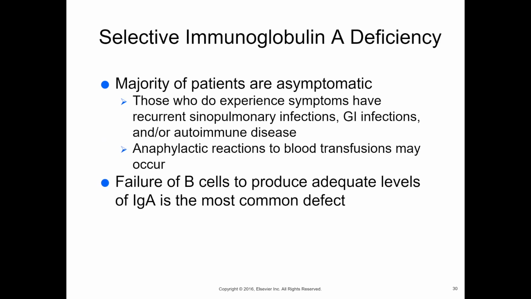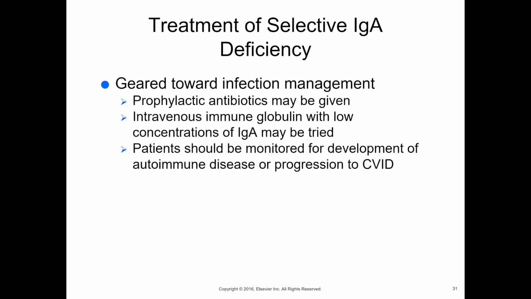Next is selective immunoglobulin A deficiency. The most common way that this presents is recurrent otitis media, which is an ear infection of the middle ear, sinusitis, which is sinus infection, or pneumonia. Typically it is asymptomatic for a majority of the time, though. What we're seeing here is failure of B cells to produce adequate levels of IgA, as the condition is aptly named.